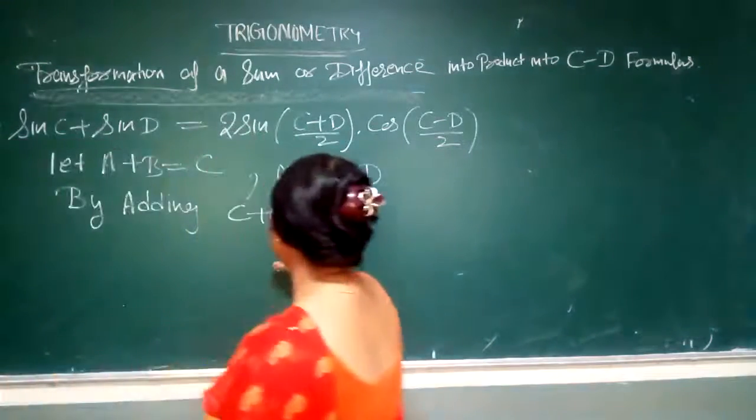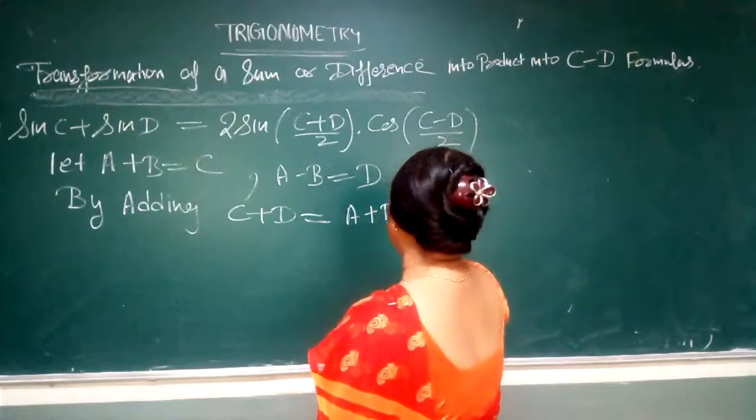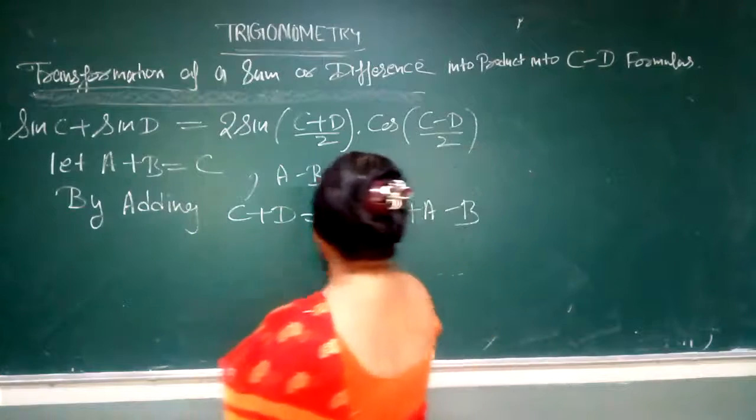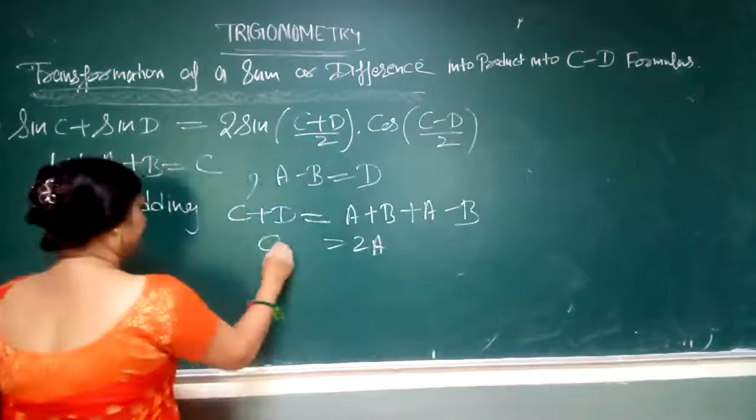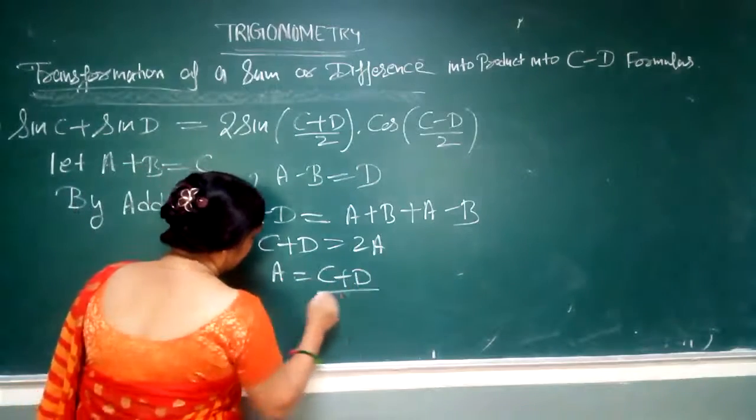So C plus D is equal to A plus B plus A minus B. So it will come 2A. What is the value of A? The value of A is coming (C plus D)/2.